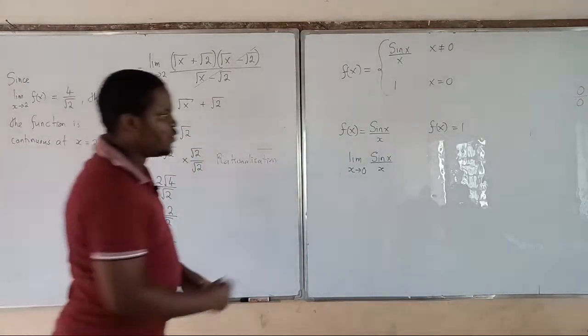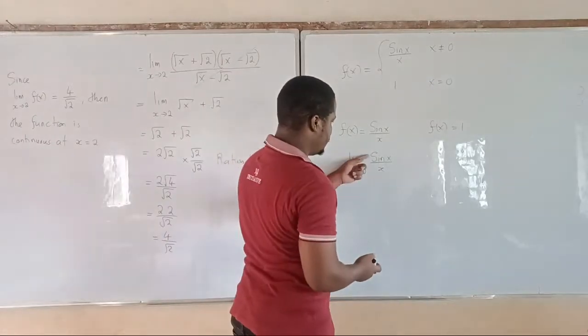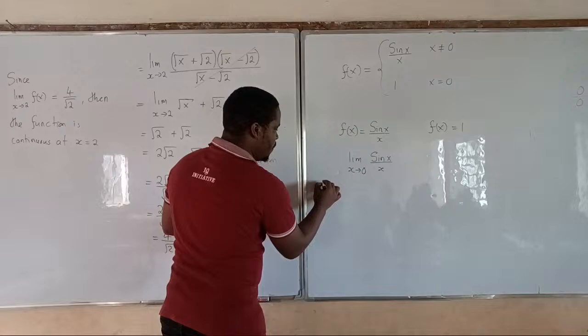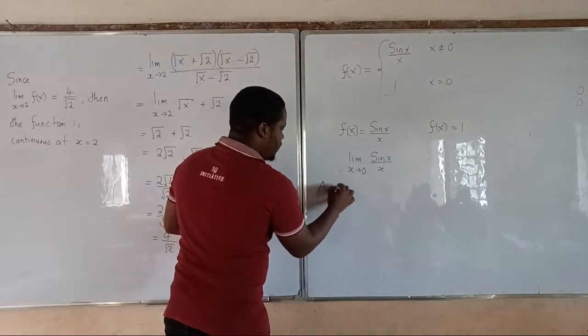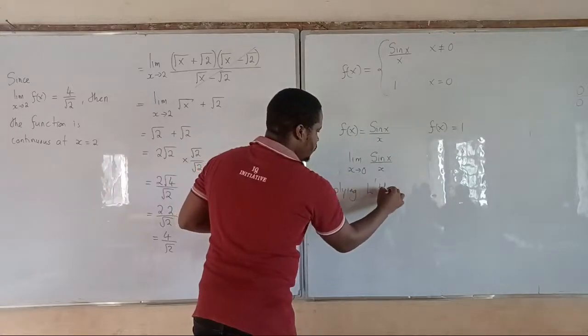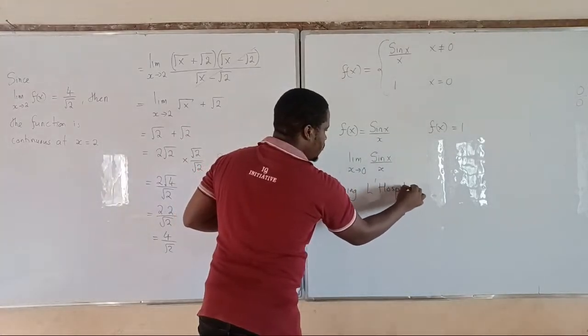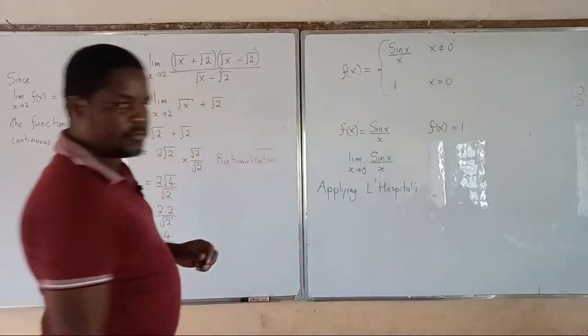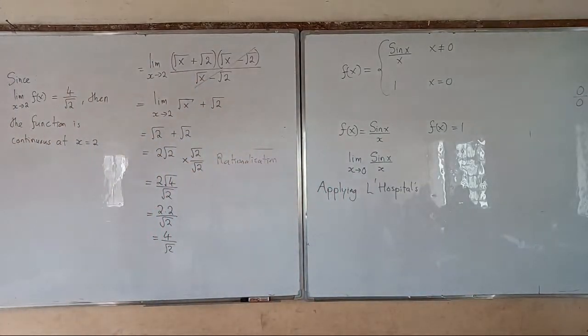If you get a result of 0 over 0, you have to use what is known as applying L'Hopital's rule, not hospital, it's L'Hopital.